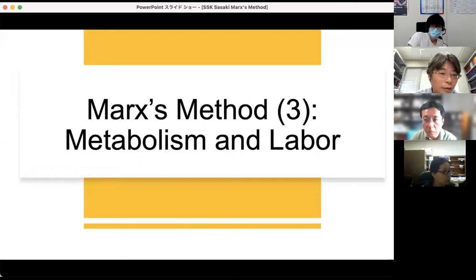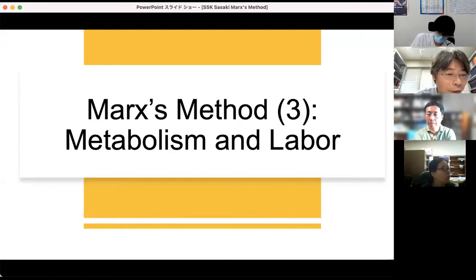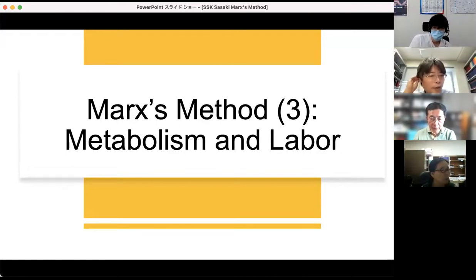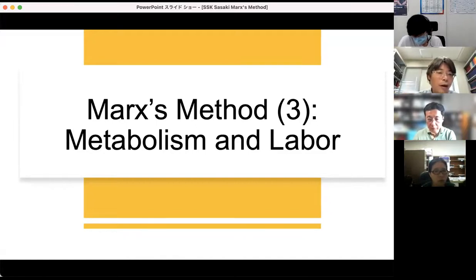Regarding the second question, communitarianism, lifestyle politics. I think communitarianism or lifestyle politics can be a socialist or communist movement as a moment.